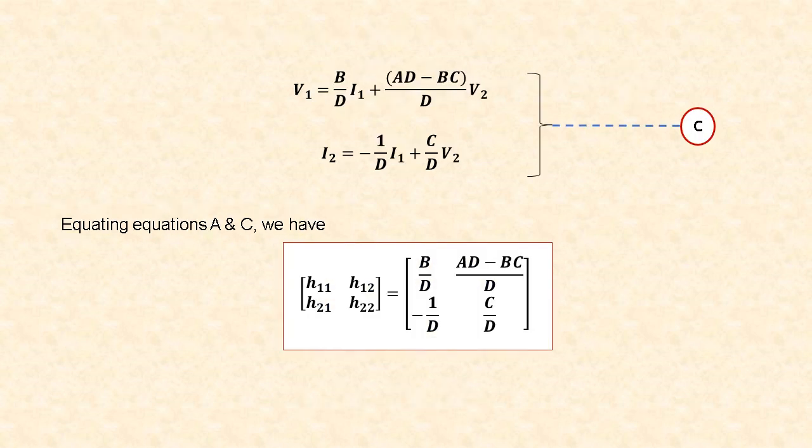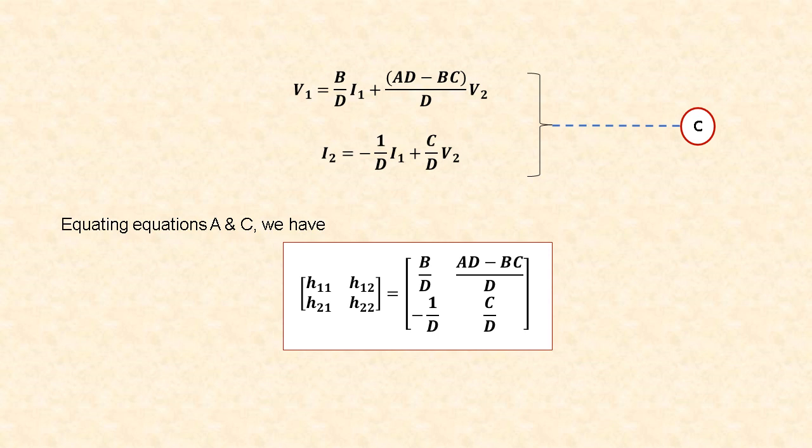Now we got two equations, that is V1 and I2 in terms of I1 and V2. So V1 is equal to B by D into I1 plus (AD minus BC) by D into V2, and I2 is equal to minus 1 by D into I1 plus C by D into V2.